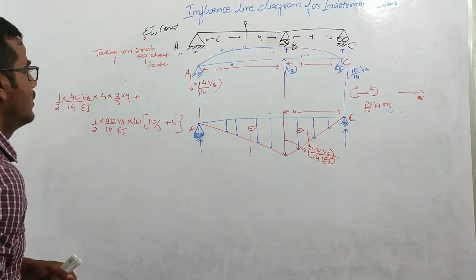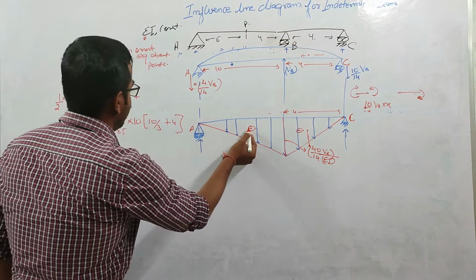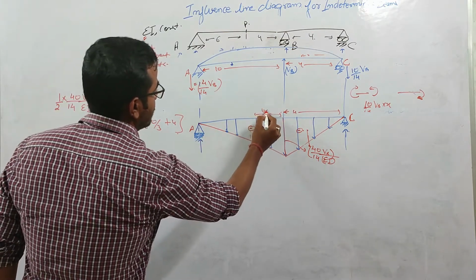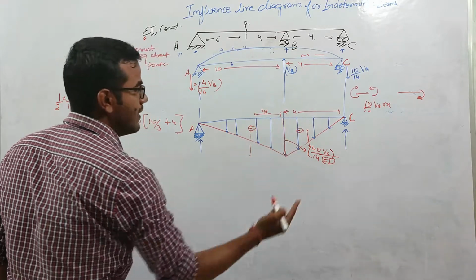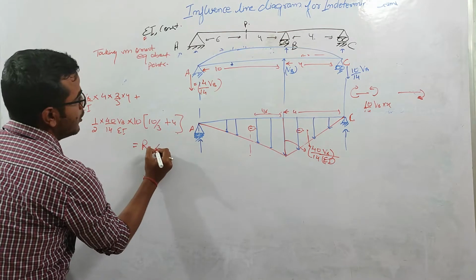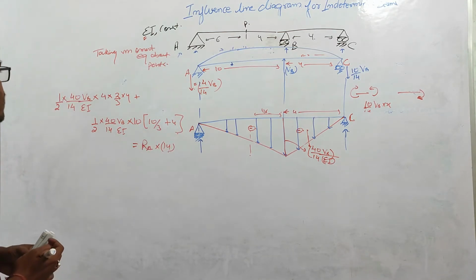Obviously the load will act at the centroid. Because we are taking the moment about C, this should be equal to RA into 14. This thing should be clear.